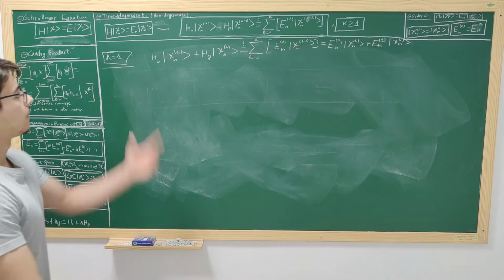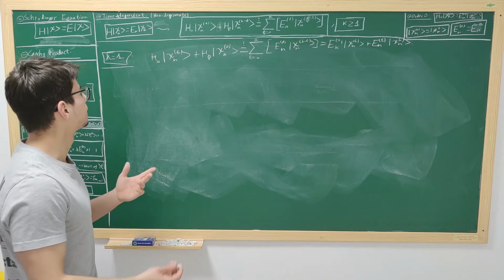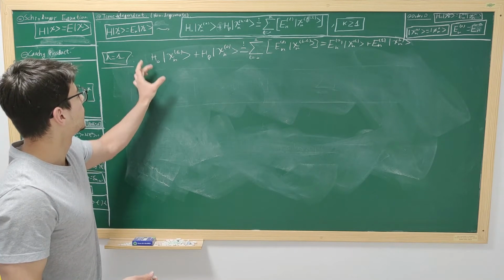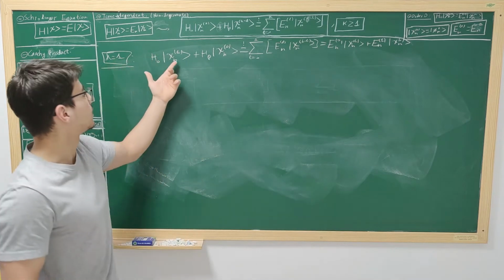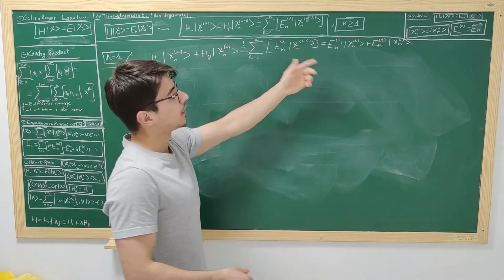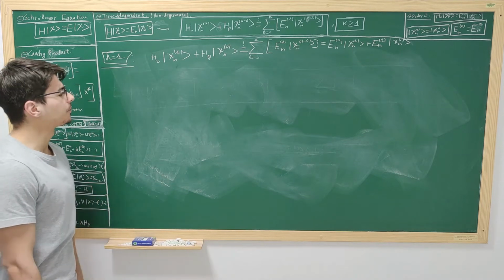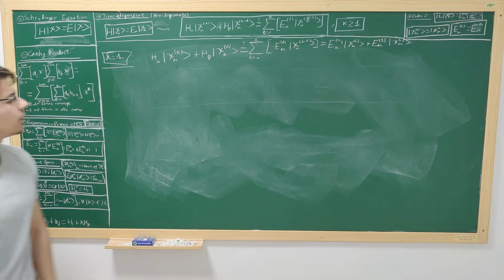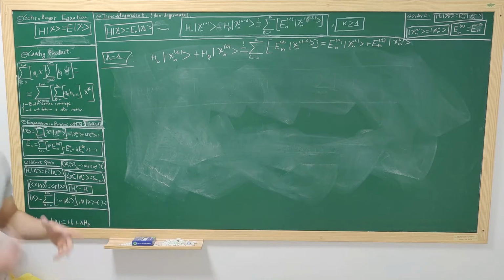Now, from this, we can do various things. We can first just group the first order correction to the wave state and the 0th order correction to the wave state. But before we do that, I feel like it's easier if we straight away take care of how we are going to tackle the first order correction.